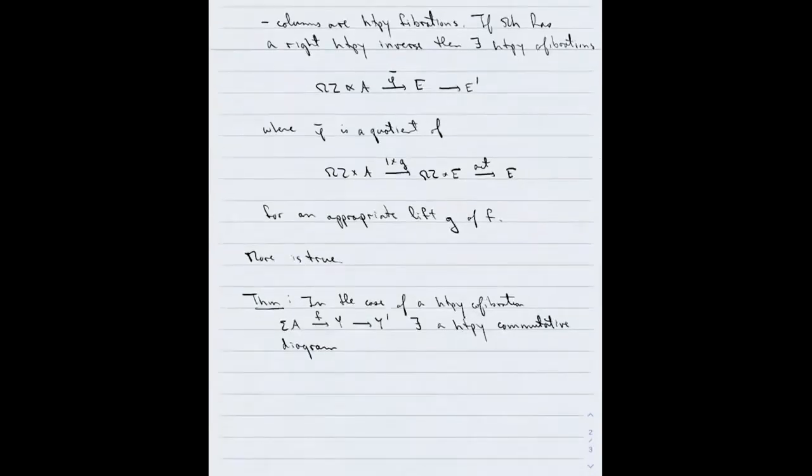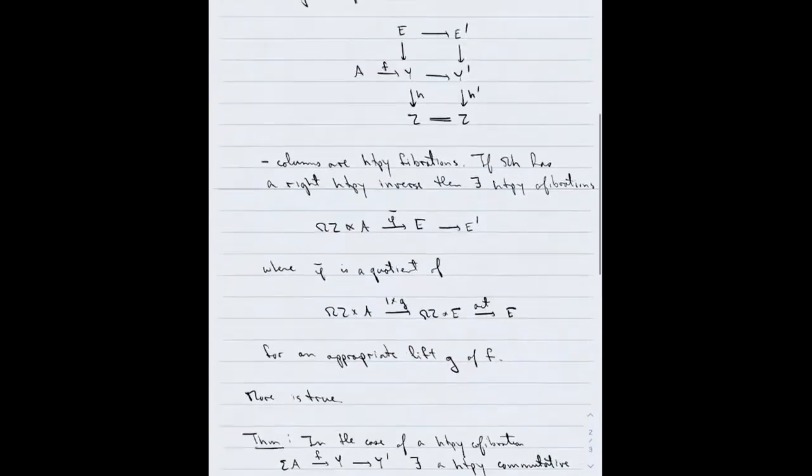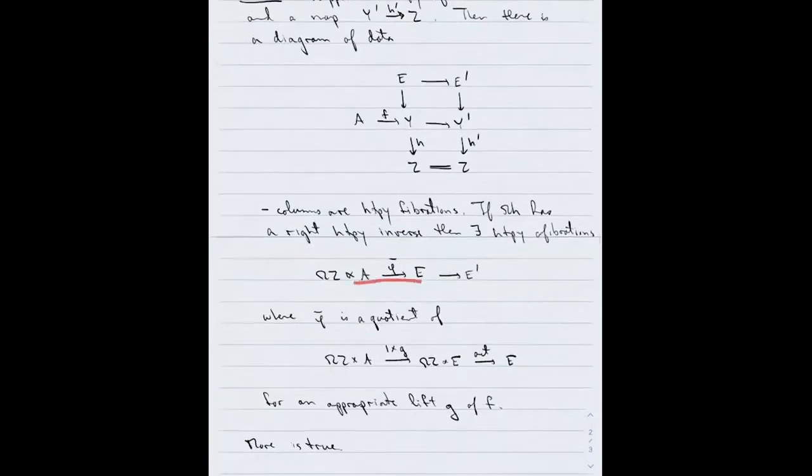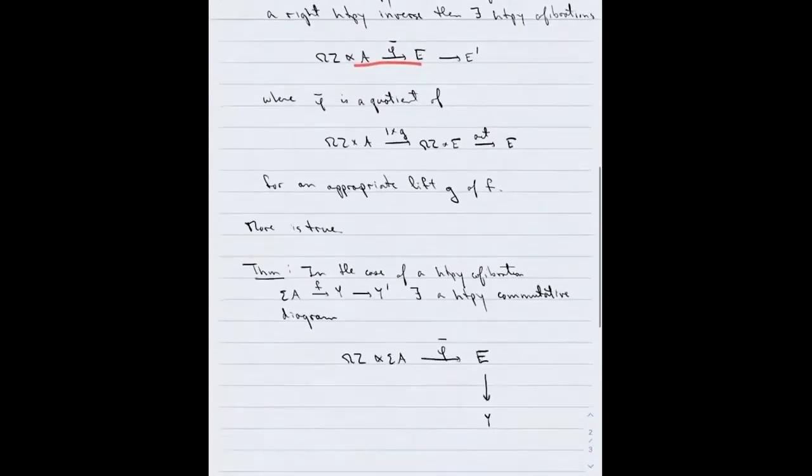That better describes this map phi prime. So here's your phi bar. Or it doesn't describe it directly, but a little bit indirectly. So if you go from E back into Y, so you've done phi bar, and then you've gone back down to Y, then you can identify this map.